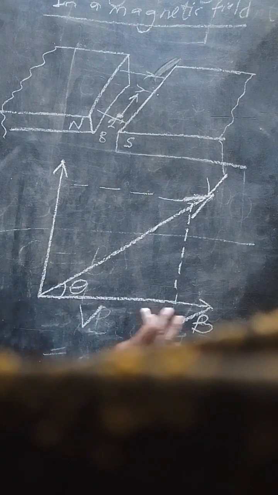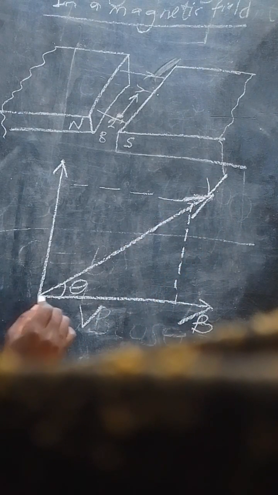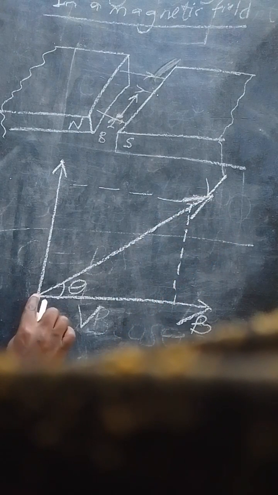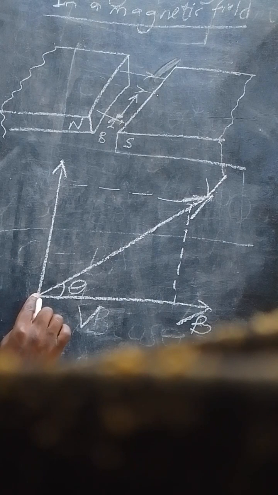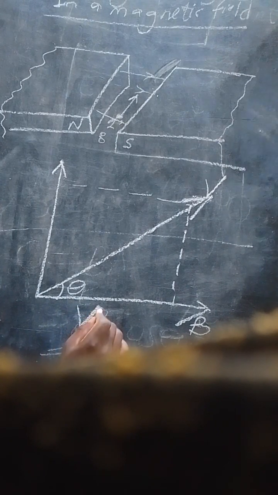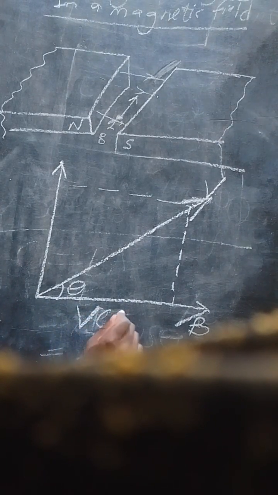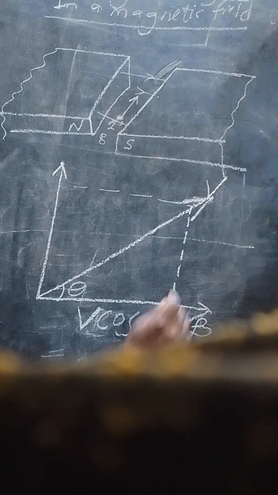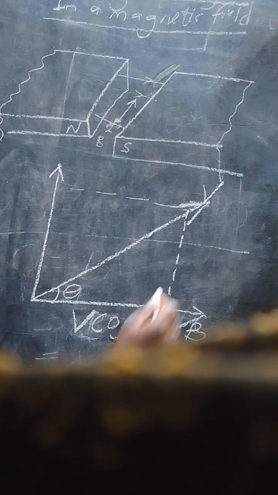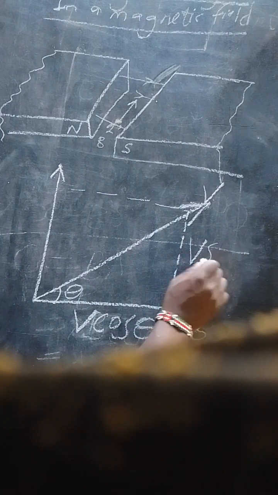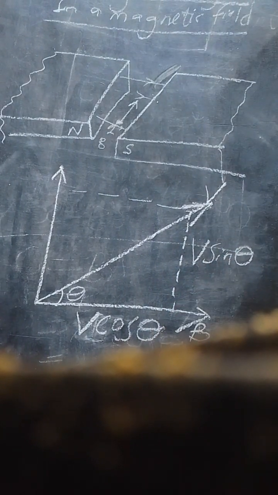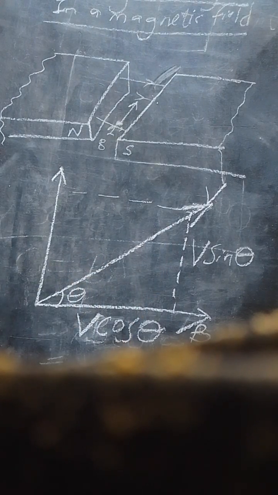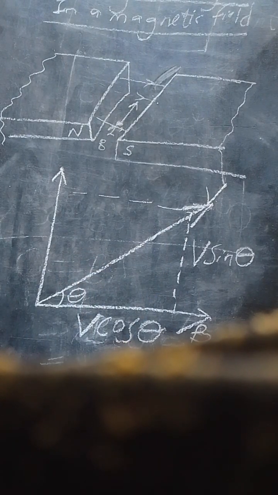If we extract this triangle, this will be the hypotenuse, this will be the opposite, and this will be the adjacent. Therefore, this side will be equal to V cos theta, and this vertical will be V sin theta. That is the triangle we will be forming.